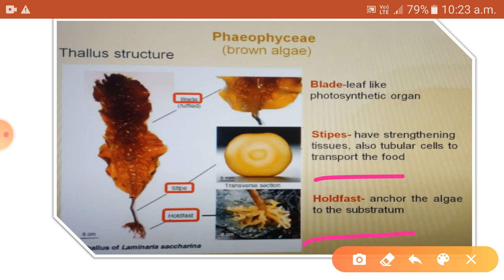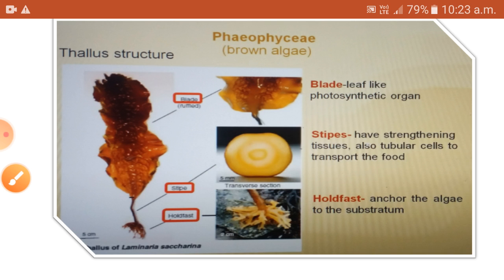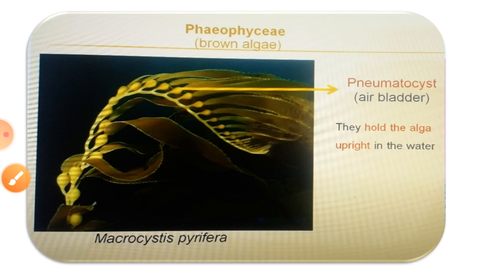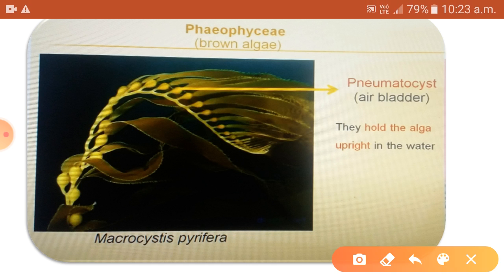It also has a leaf-like photosynthetic organ called the frond or the blade. Sometimes air bladders called pneumatocysts are present, as you can see in the image, which help to hold the algae upright in the water.